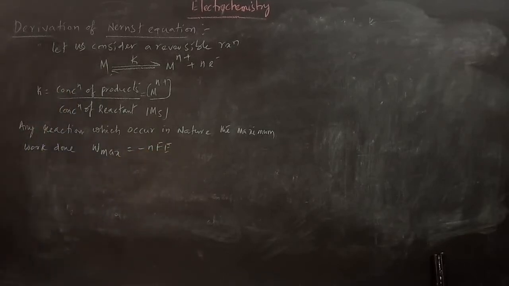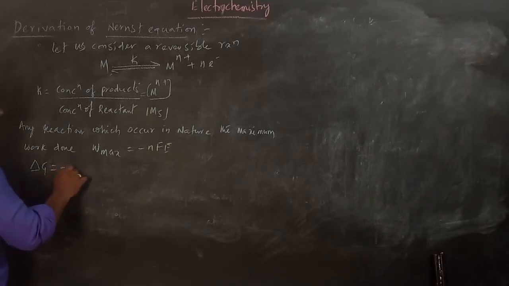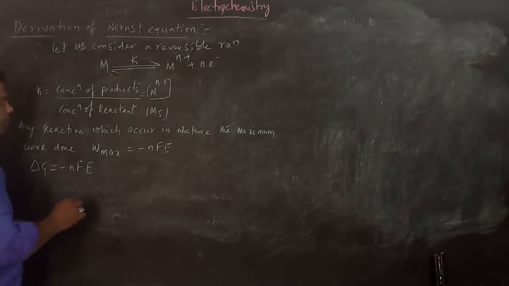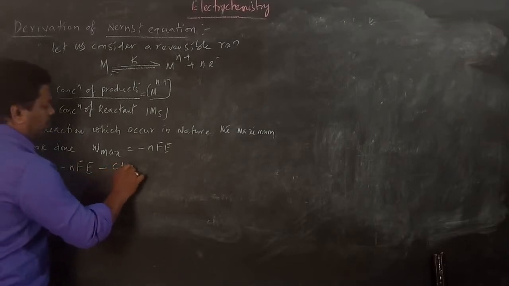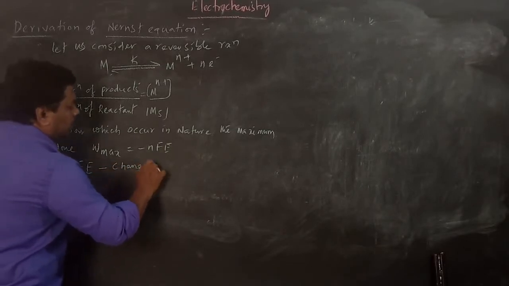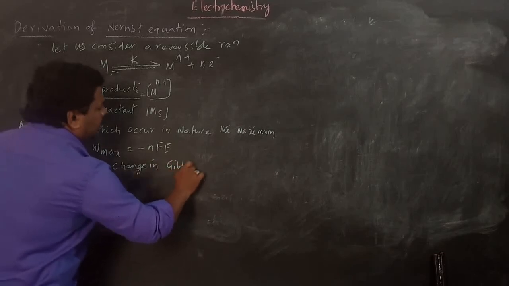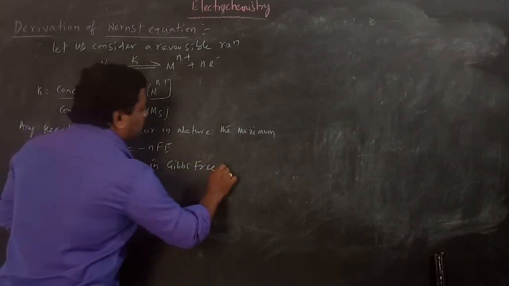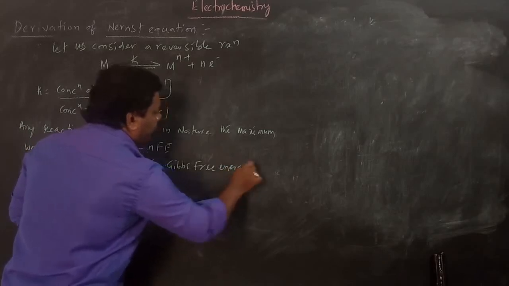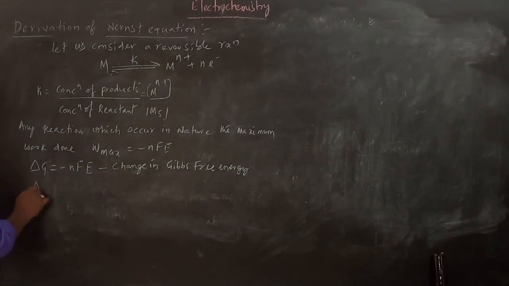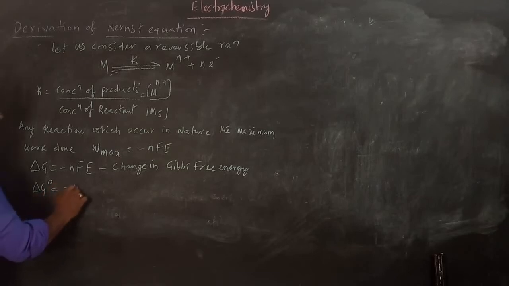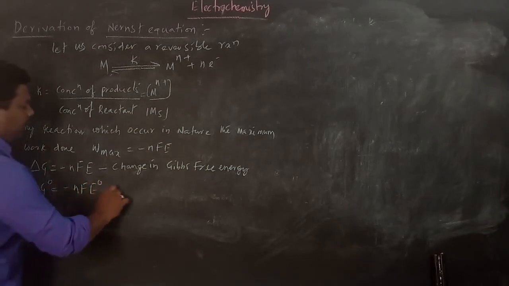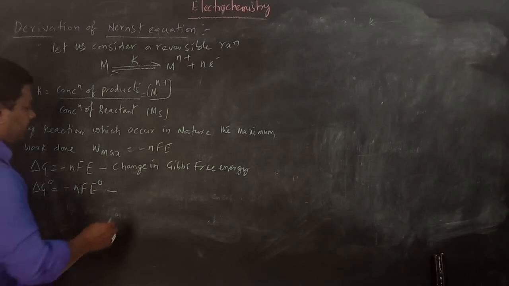So delta G is equal to minus nFE. This is the change in Gibbs free energy. Delta G naught is equal to minus nFE naught, that is the standard condition.